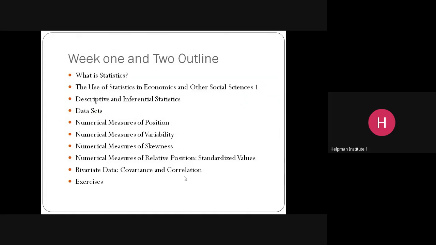Then bivariate data, where we're going to be covering covariance and correlation. Then we have exercises. At time intervals, we'll be bringing one or two exercises, especially for every class.